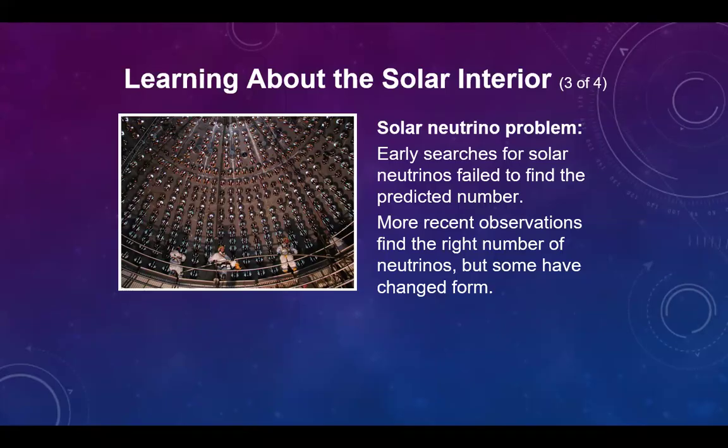The traditional experiments only detected 1 flavor of neutrino, the type that's generated in the sun, but it can change flavor. There's electron, muon, and tau. The sun generates electron neutrinos. We detect electron neutrinos. But on the way from the sun to Earth, some of the electron neutrinos can change into muon or tau neutrinos.